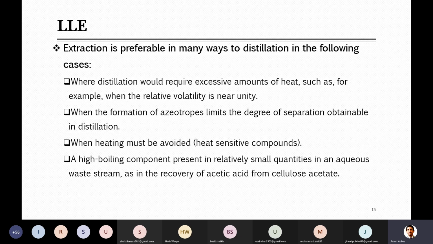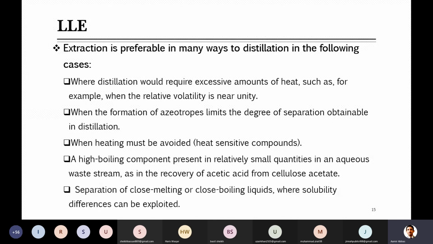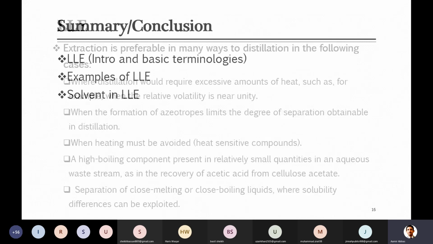That will need a very large amount of heat and make distillation not a suitable option. Then there is separation of close melting, close boiling liquids, where solubility difference can be exploited. If they are close boiling or close melting and we want to separate them, the better option is to go with extraction, because you select a proper solvent and can easily separate.